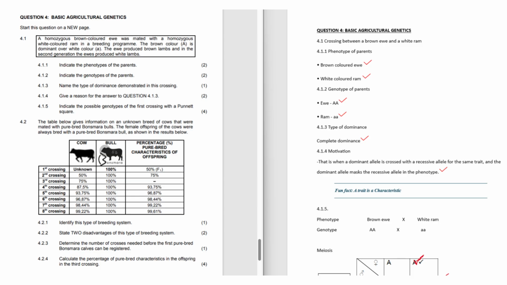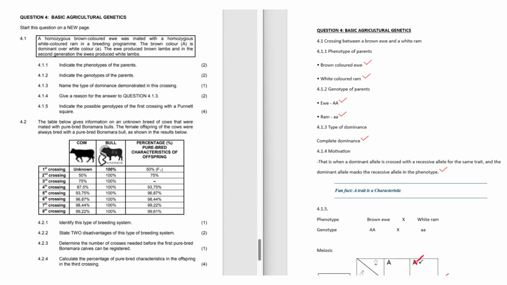That means the A is a capital letter and it's a brown color. Then we go back to the first sentence. It says homozygous brown color. That means we're going to have two capital letter A's, two dominant A's of the allele.